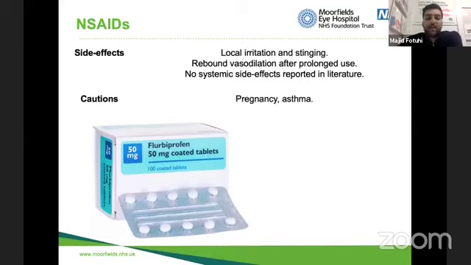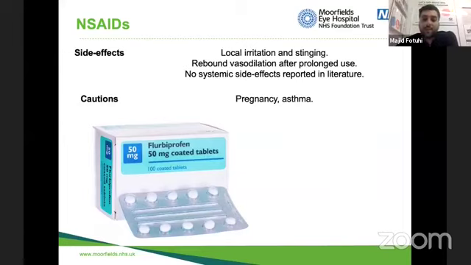In terms of side effects, they're mainly local and transient, so you might get a bit of irritation and stinging. It has been reported in the literature that you can experience rebound vasodilation, if that's after prolonged use. That's why typically topical anti-inflammatory NSAIDs aren't used for longer than 4-week periods of time, unless indicated.